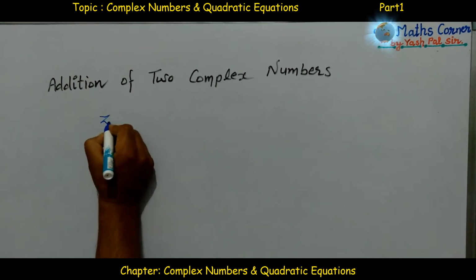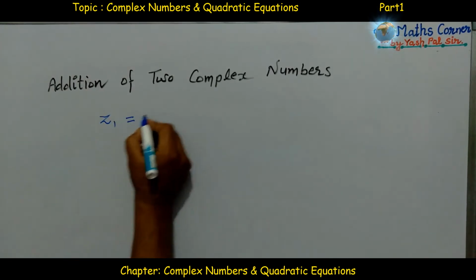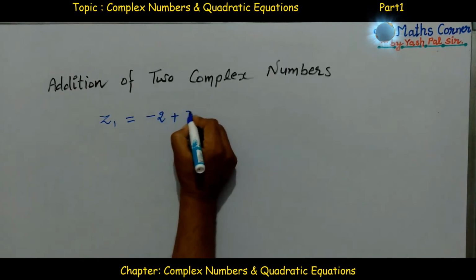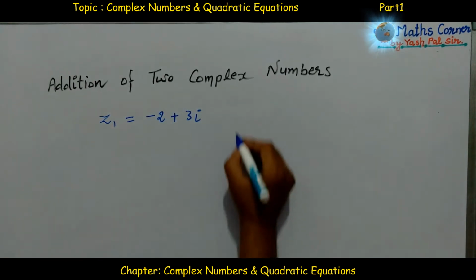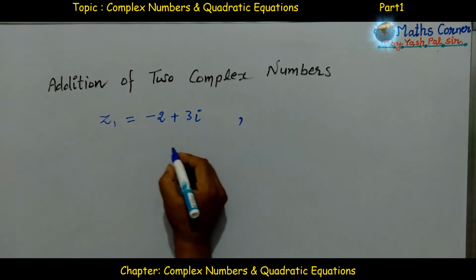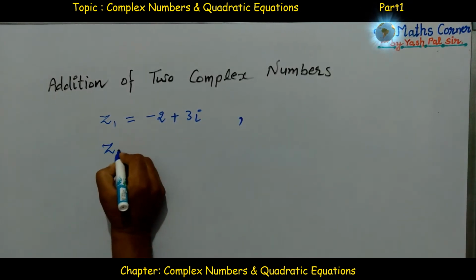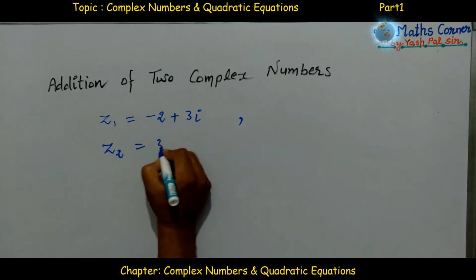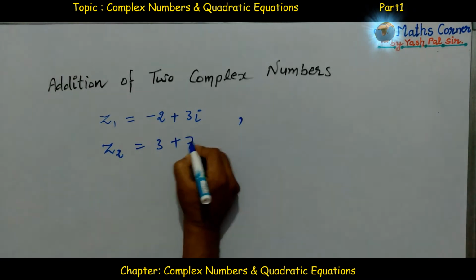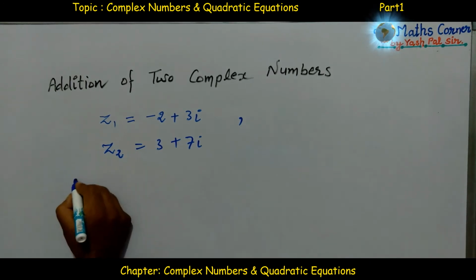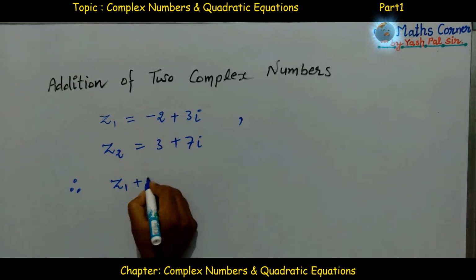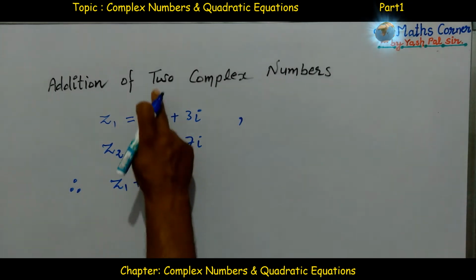Suppose z1 is the first complex number, minus 2 plus 3 iota. Suppose another complex number we have is z2. We can take an example 3 plus 7 iota. So how to add z1 plus z2? Addition of two complex numbers.